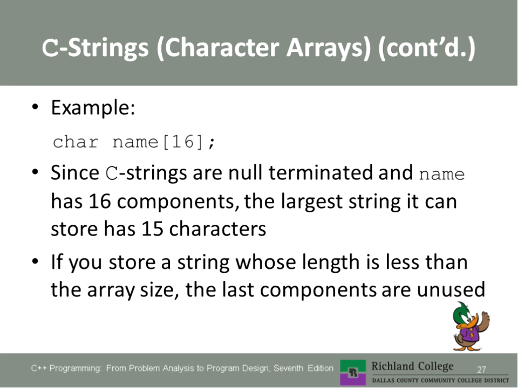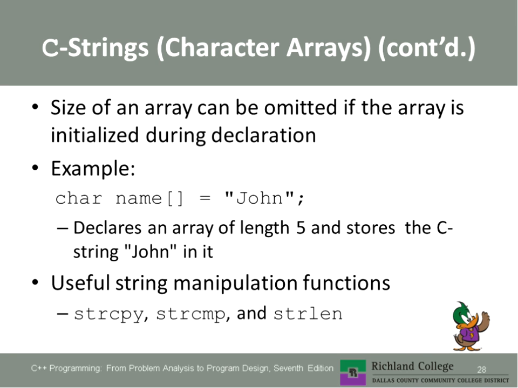Okay? So we need to account for that extra character. The terminating null character will take up a space. So if we have an array of 16 elements, that means we can actually only hold 15 characters, because the 16th character is going to be the null terminating character. So if we store a string that is less than the array size, the last components are not used.